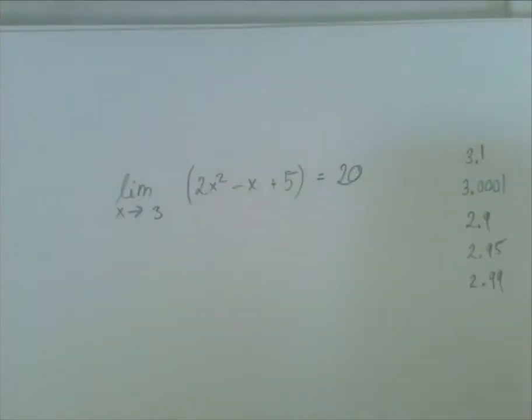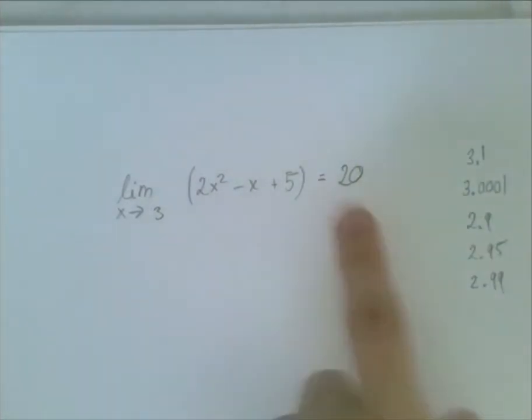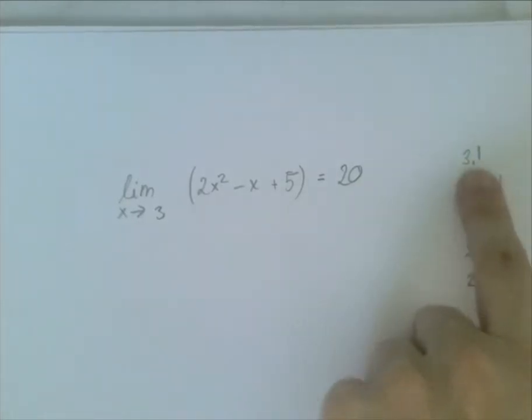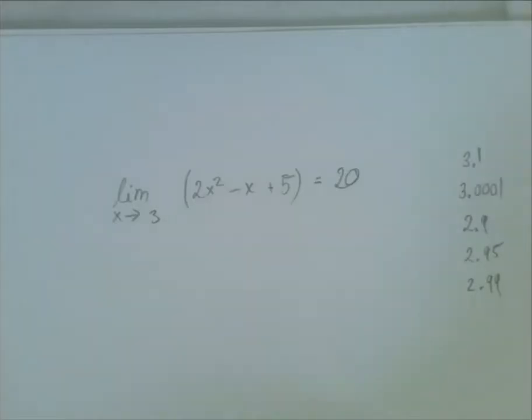So we could substitute these numbers and we will find that the closer we are to 3, the value indeed will be closer to 20. For example, 3.1 is quite a crude approximation compared to 3.001. We can substitute these values.